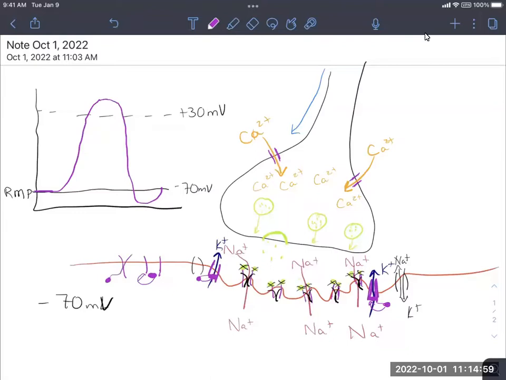So while those leaky channels are still working to get the membrane back to its normal resting state, these chemically gated channels are going to change position into a closed position with this little ball and chain out of the way again.